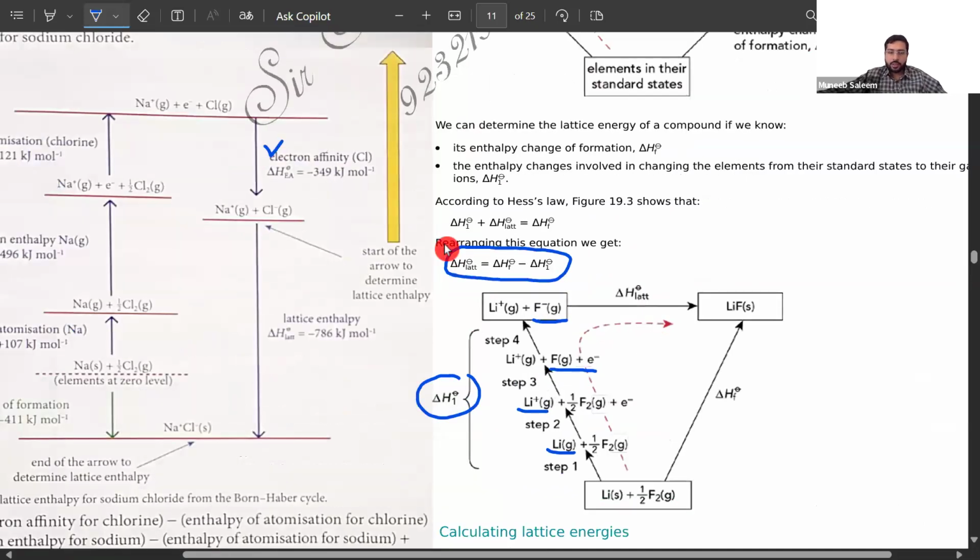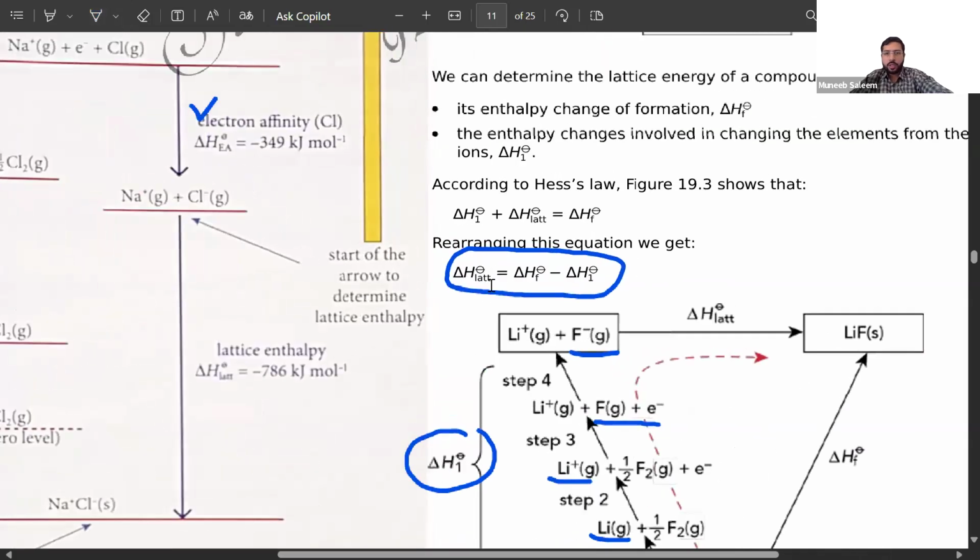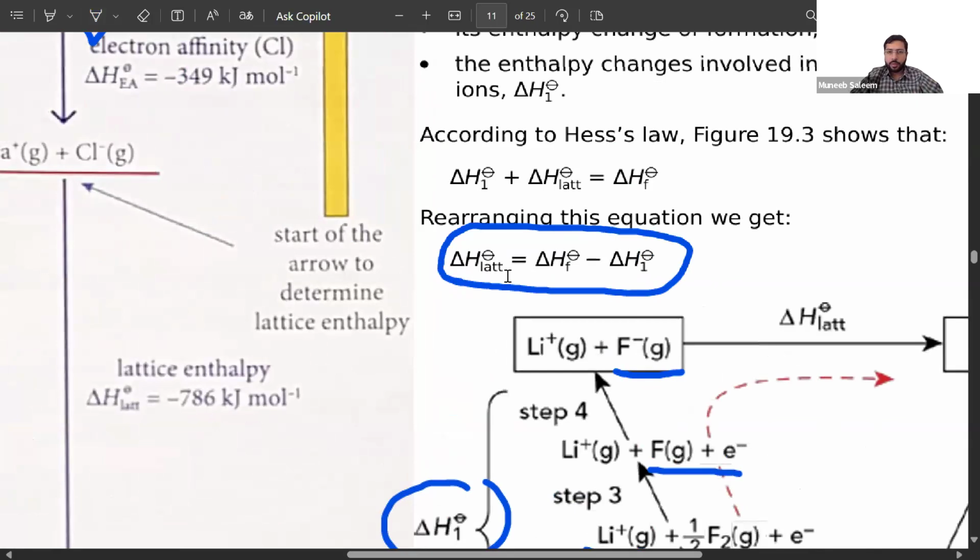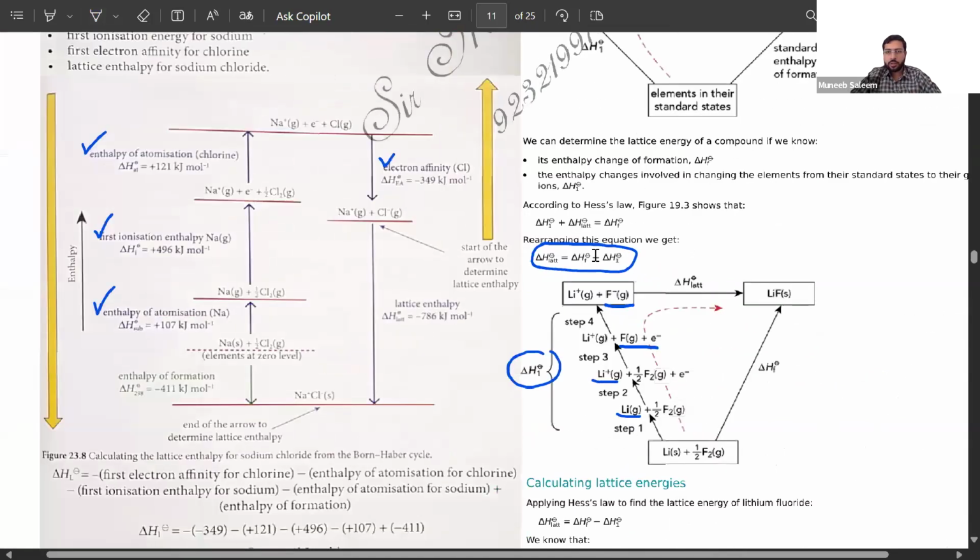And then this delta H lattice is already understood, which is basically the enthalpy of lattice, and delta HF is enthalpy of formation. So I'm going to use this similar formula in my calculation to find out the answer.